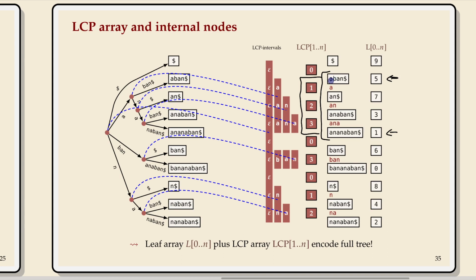So all of those start with an A, which means from here to here, I have to have at least one thing that they share. From here to here, I have 2, which is more than 1. From here, we have even 3. But the smallest number will always dominate, because that means you have the same minimum number all the way through. That's the longest common prefix between those two.